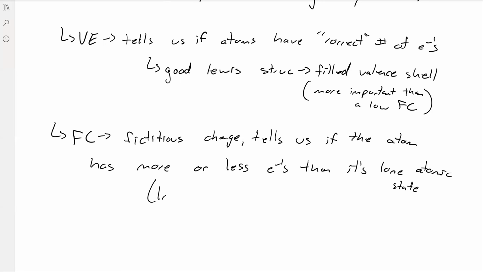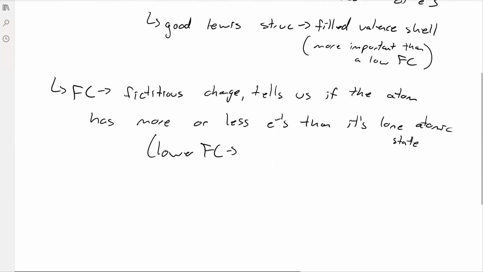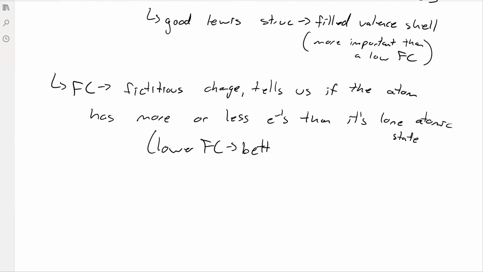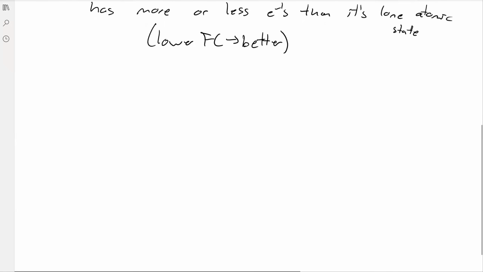And in general, we want to get as low a formal charge as possible. So the best Lewis structures will generally have all formal charges equal to 0. So we don't want negative or positive formal charges, but sometimes it's unavoidable.